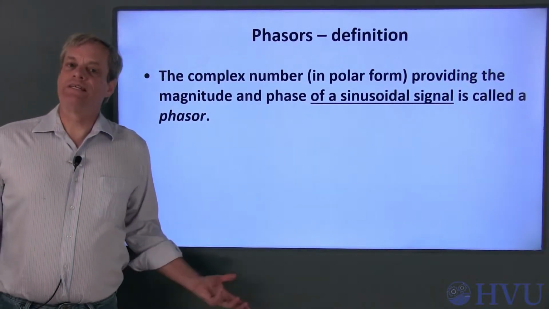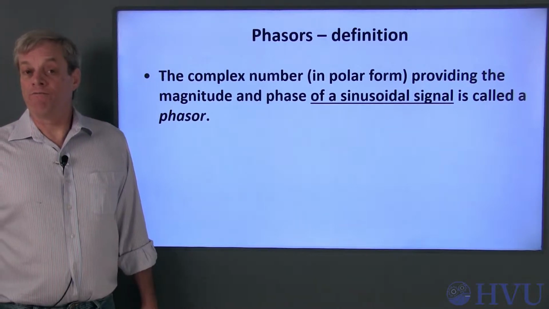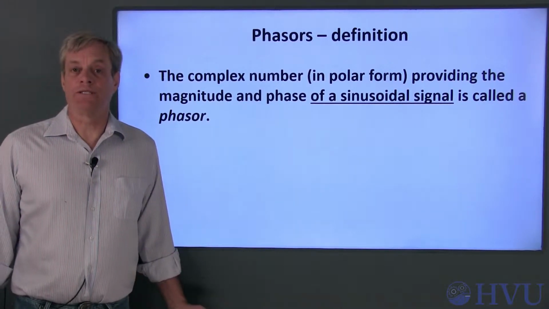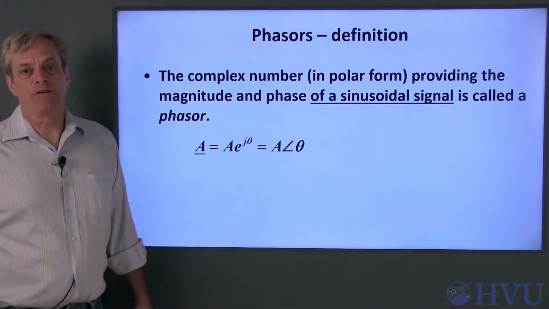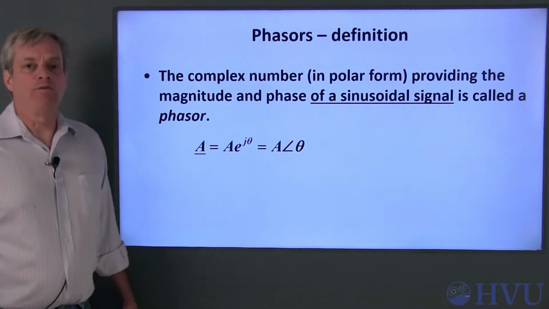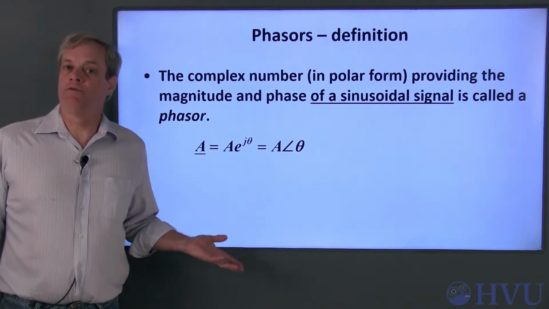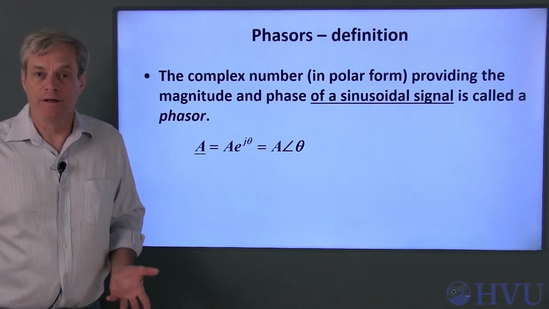A phasor is defined as a complex number which provides the magnitude and phase angle of a sinusoidal signal. In textbooks, a phasor is usually represented in bold-faced font. However, I'll represent phasors with an underscore, since the bold font isn't easy to represent when handwriting a problem.